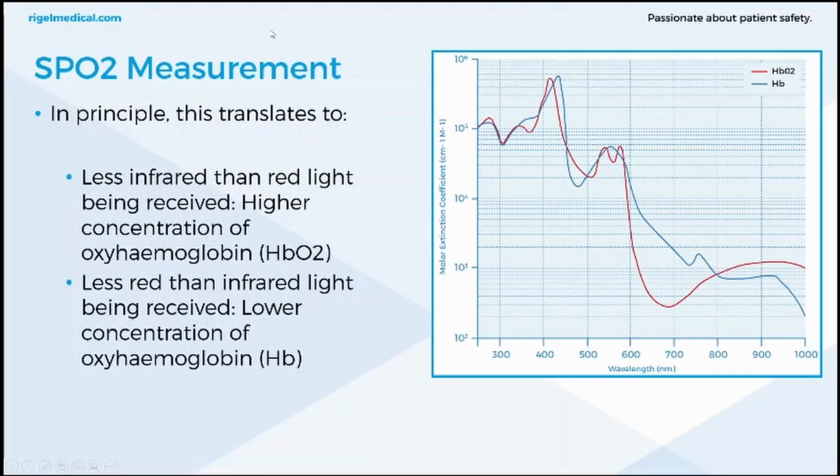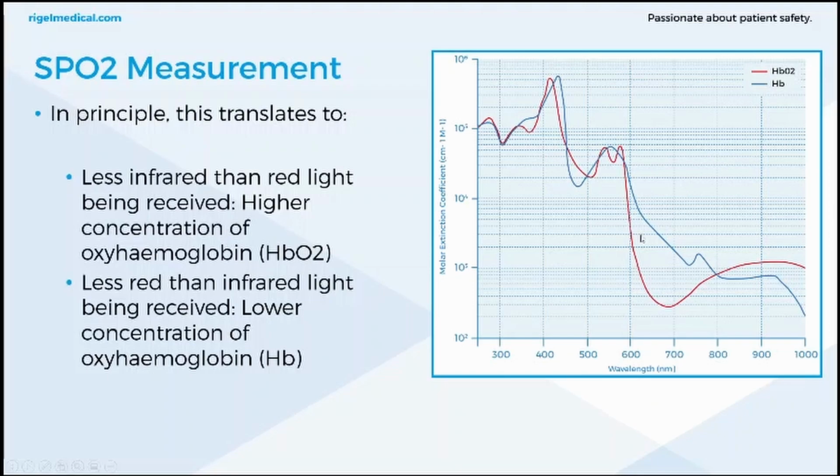This comes from the absorption profile of both oxygenated and deoxygenated blood. The red light is absorbed more in relation to infrared light when passing through hemoglobin.